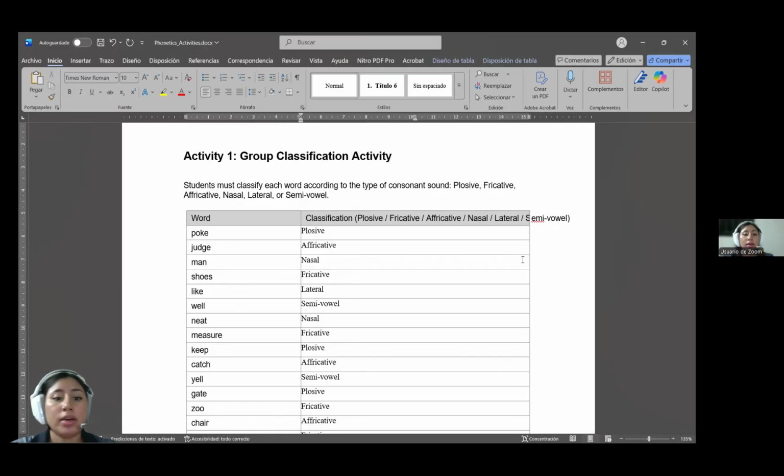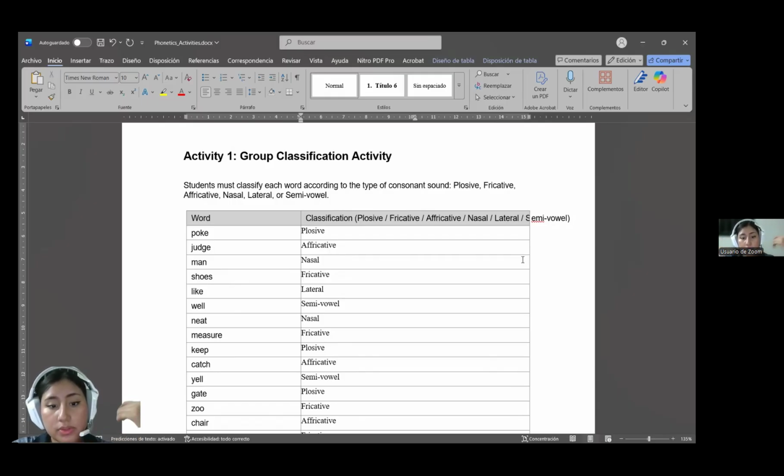So remember, plosive sounds block the air completely. Fricatives create friction. Affricatives combine both plosives and fricatives.